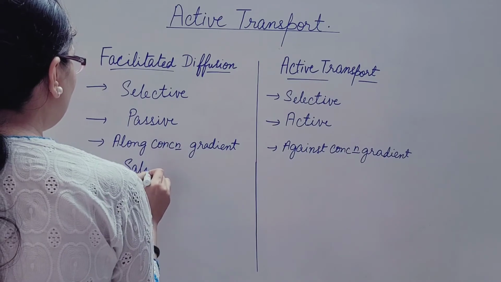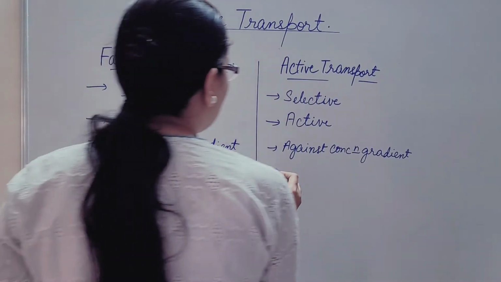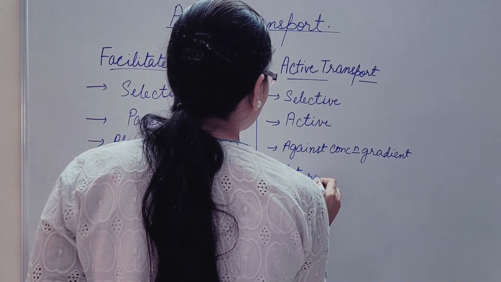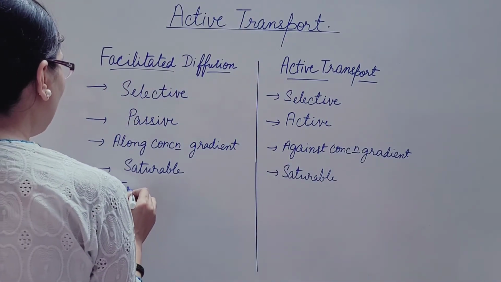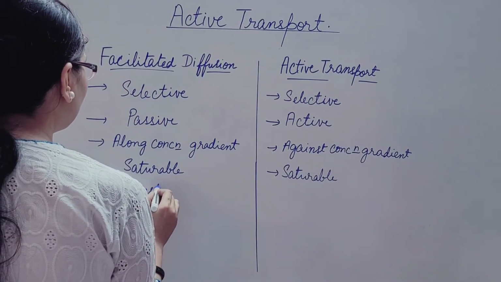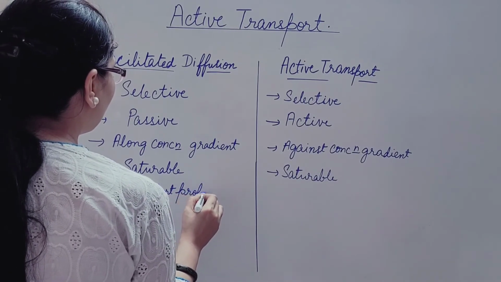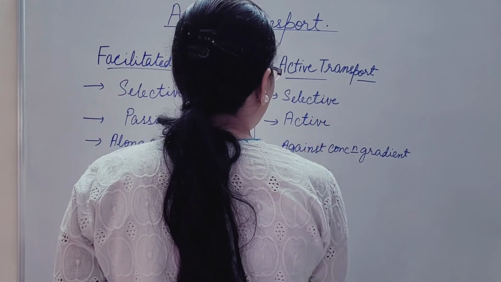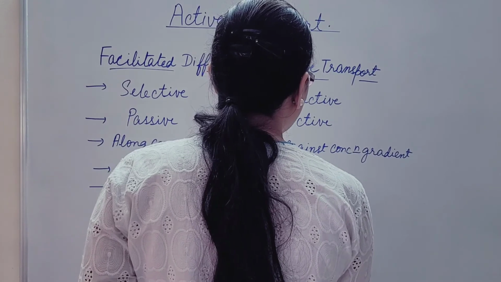Facilitated diffusion is saturable. Active transport is also saturable. Facilitated diffusion involves transport protein. In active transport also, transport protein is involved.